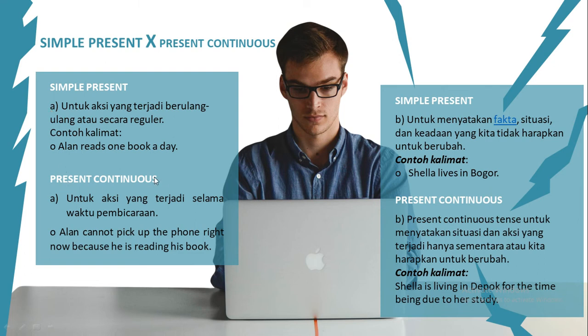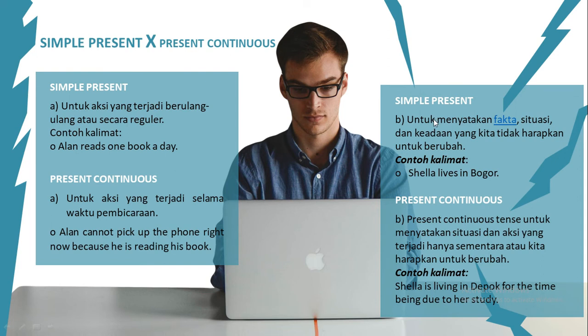But the present continuous only happens when we talk, when the conversation starts. After that, we don't know whether that activity will keep on going or not. But in simple present, it must continue in the next conversation or the next activity.